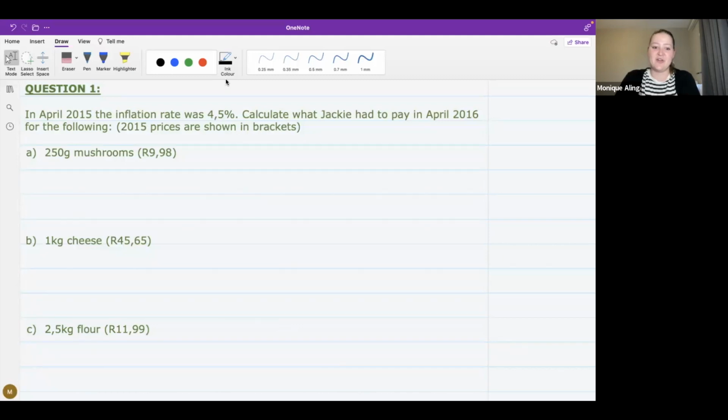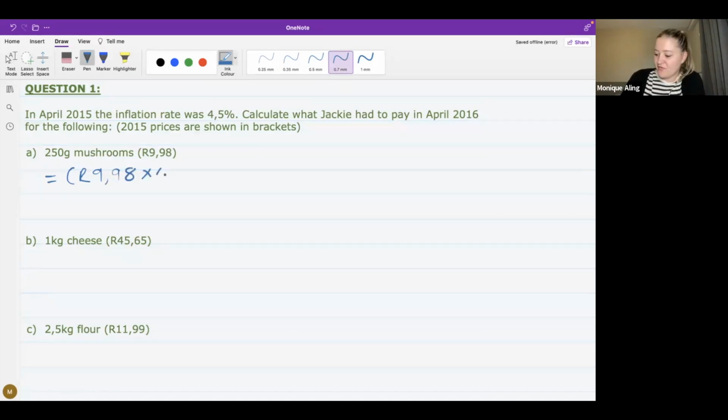Okay, so let's have a quick look. For the mushrooms, so they were R9.98. We are going to increase that amount by the inflation rate of 4.5%, and then we're going to add it back so we can get the new price of the mushrooms.